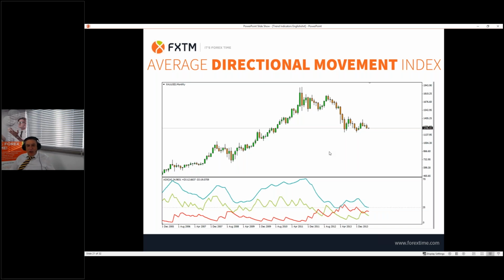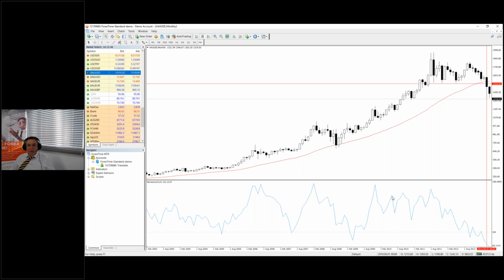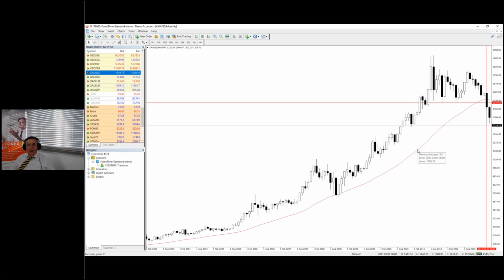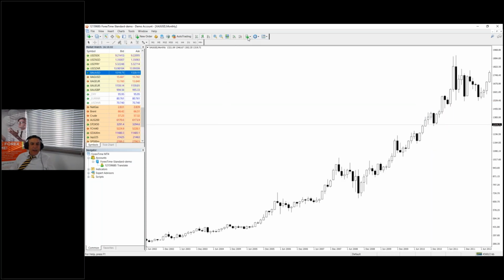We can go on, or perhaps we can go on the MT4 platform. I can remove this momentum from here. We don't need it anymore. And we can remove the moving average, and we can remove these lines, and we can attach by clicking on the indicators icon, trend, and we select average directional movement index.